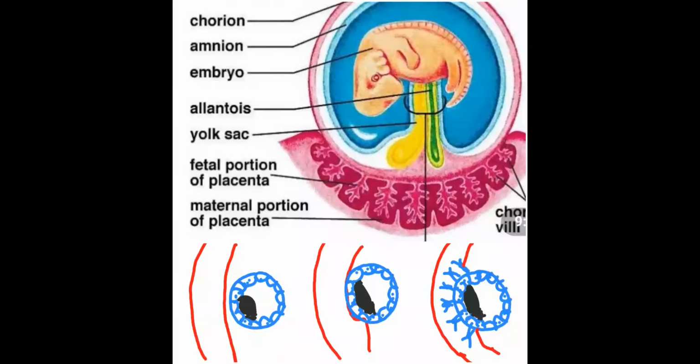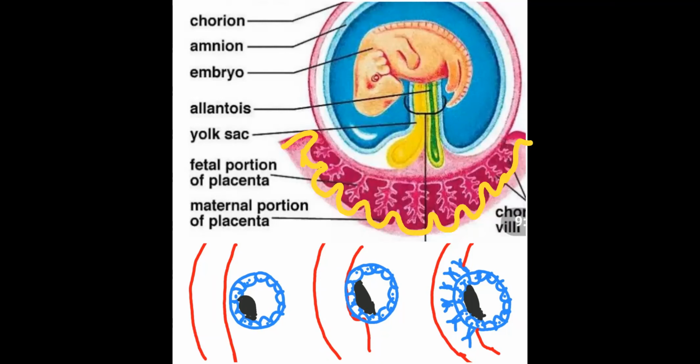See, it would appear like this. This is how it will appear. In this patch, you can see that this is the maternal tissue penetration.